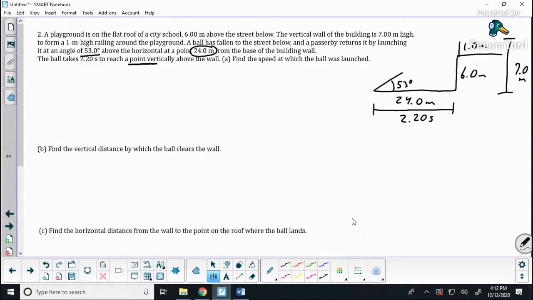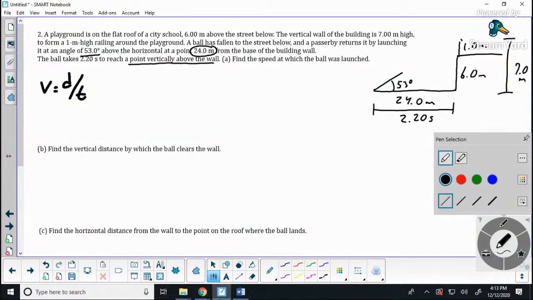Now, don't get confused by the fact that it says to reach a point vertically above the wall, because really what that's telling you is this ball is launched, and after 2.2 seconds, that's when it's vertically above that wall. So that's how I'm able to take that 2.20 seconds and know that's how long it takes to travel the 24 meters. And right there we should see a nice little kinematic equation where we know that velocity is distance per time.